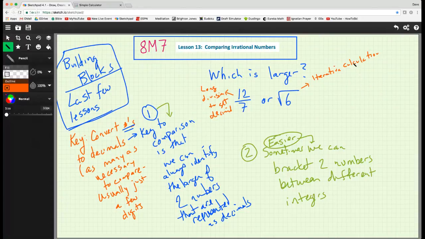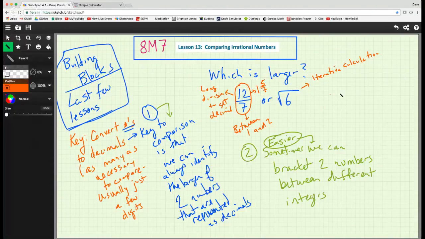But in this case, we don't need to do any of this, because we can say 12/7 is between 1 and 2. And if you don't know how to do that, it's the same thing as 1 and 5/7, and you can look back in some of the prior lessons. So this is between 1 and 2.